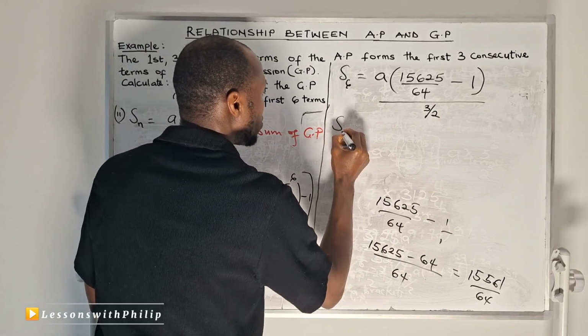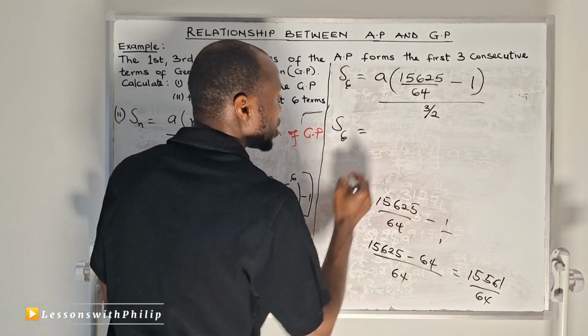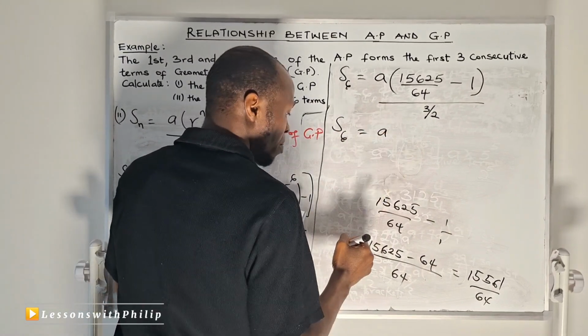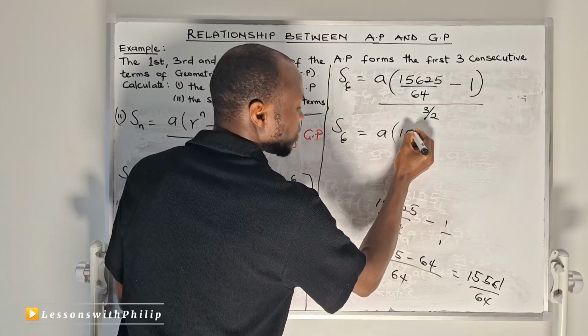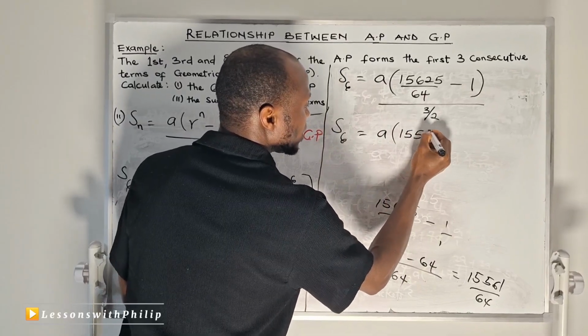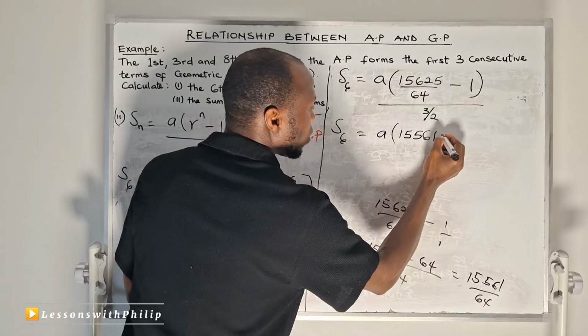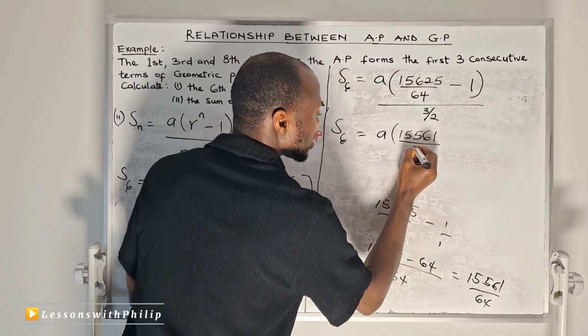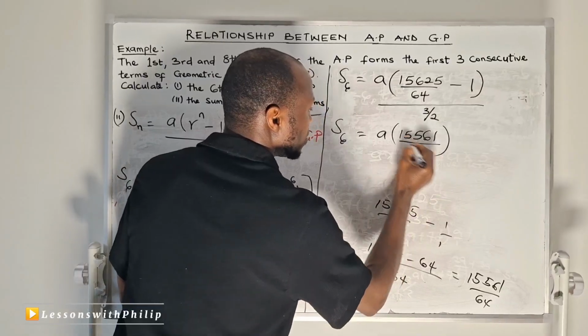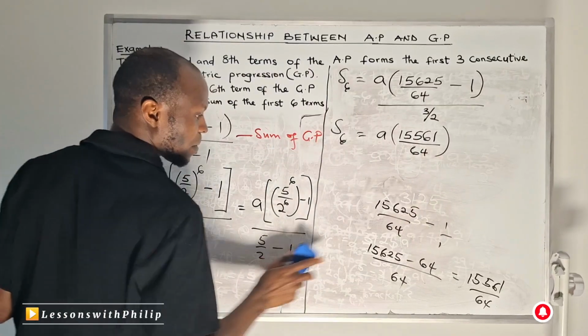Our sum of sixth term will now be equivalent to A multiplied by 15561 divided by 64. Okay?